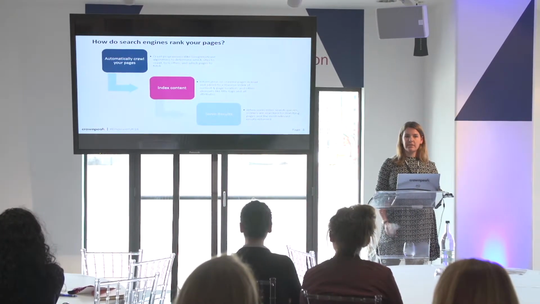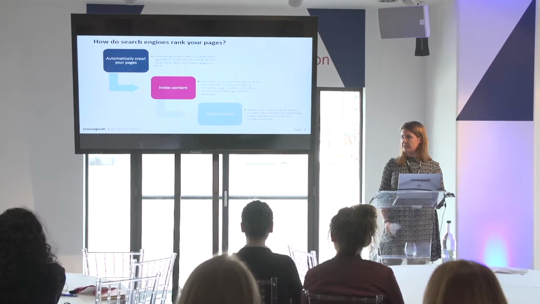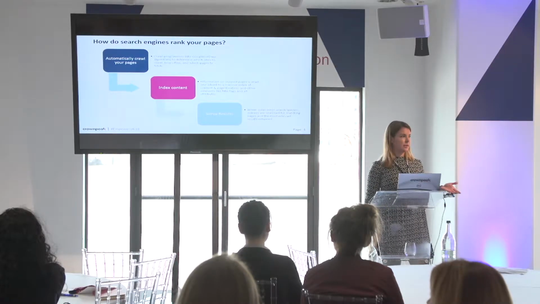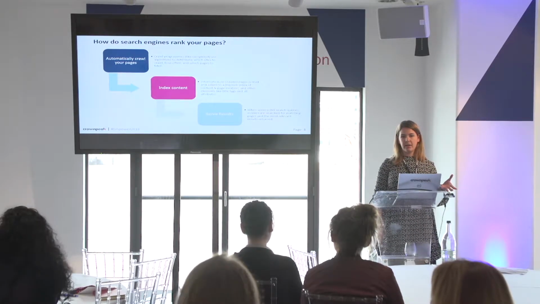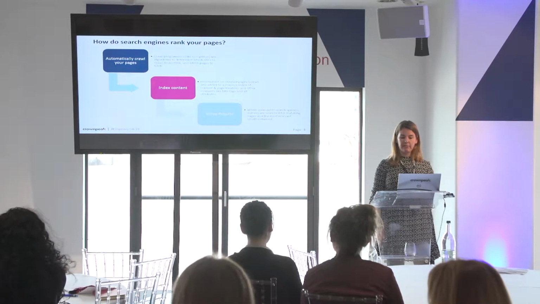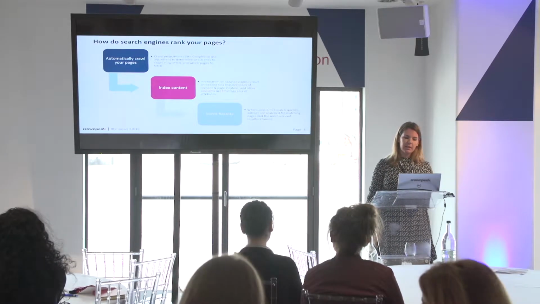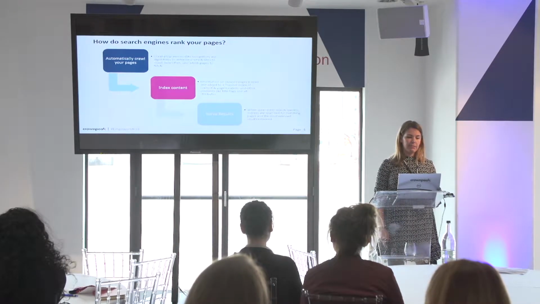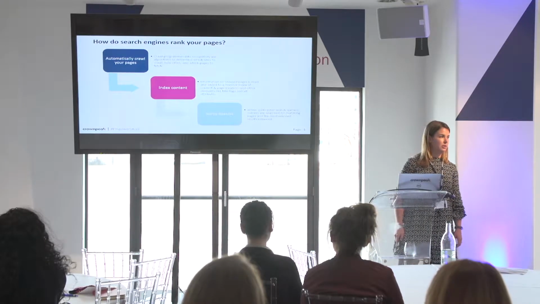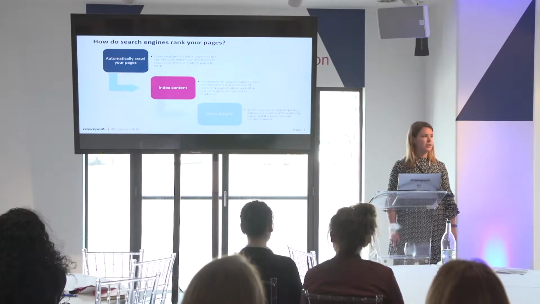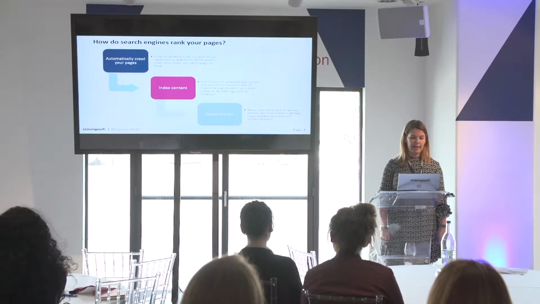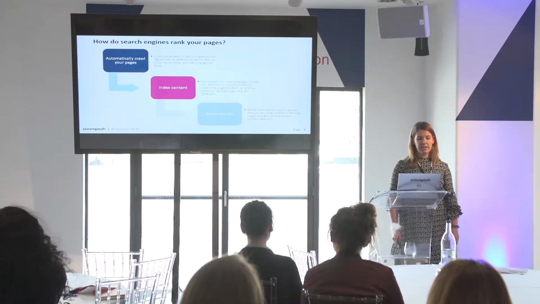Just to put that into context, and again this is top-level stuff, here's how the search engines rank pages, and how your pages impact where you get ranked when somebody searches for relevant terms. This might not be news to lots of you in the room, but programs crawl your pages automatically. Different search engines, obviously Google being the main one with Googlebot, use algorithms to determine which sites to crawl, and then produce a list of the pages they've crawled to then index.